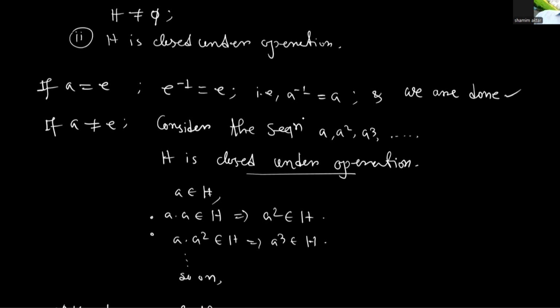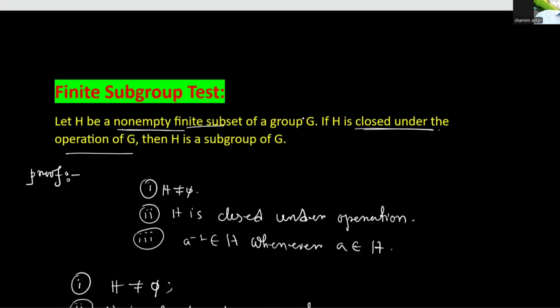In the hypothesis, H is a finite subset of G.